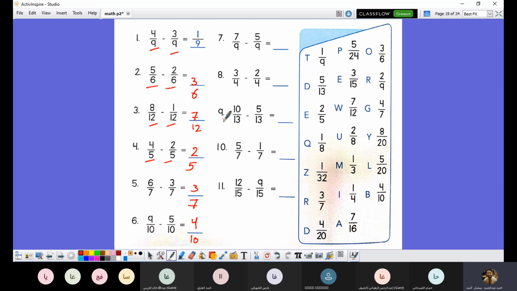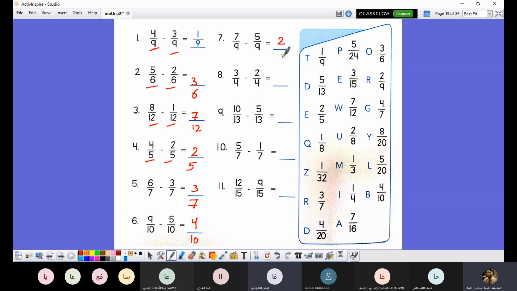Okay, Faris al-Shahrani, number 7. Yes, teacher. Okay, help me in number 7 first. 7 minus 5 equals 2. The denominator is what? Same.